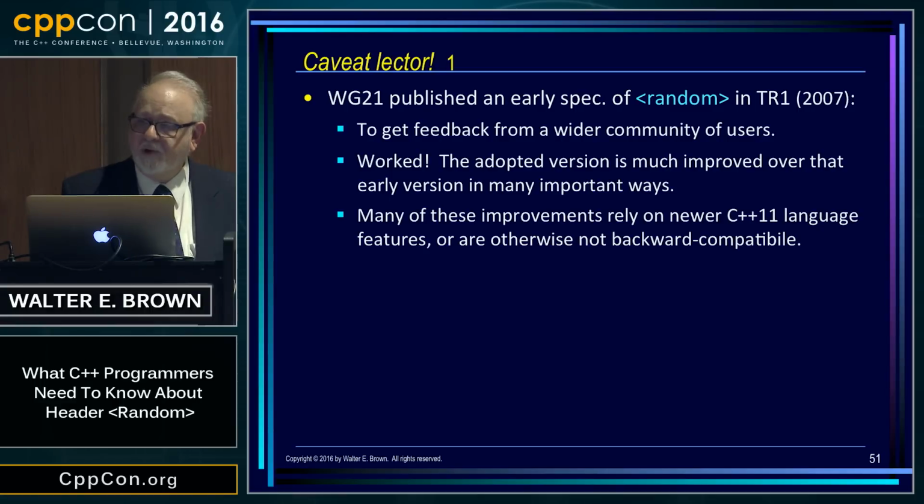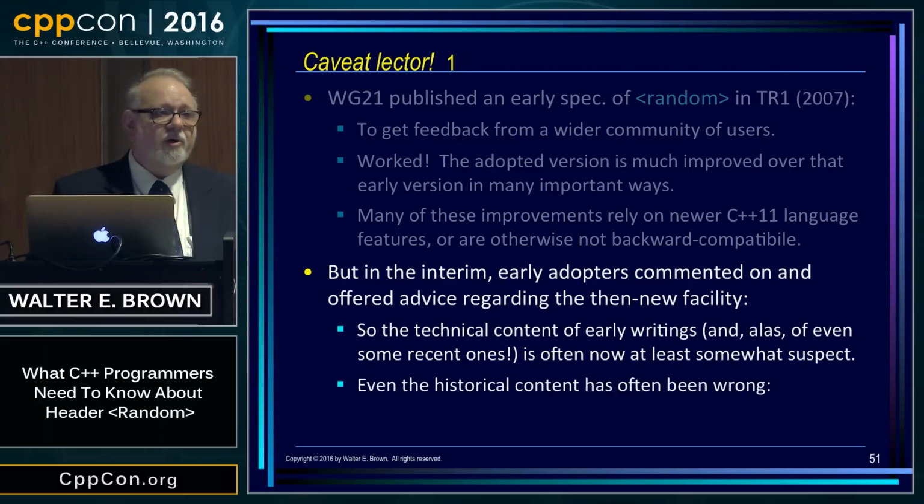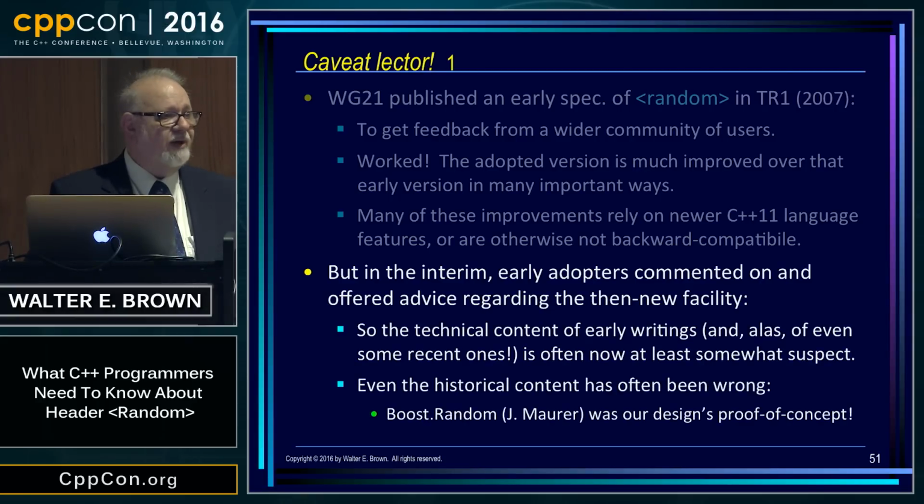And what we ended up with in C++11 is much improved over the original, sometimes in subtle ways. A couple of things just vanished outright, and a couple of new things appeared. So forget about the original interface. Don't even go there. The problem is the early adopters started offering advice. So before you rely on it, please check the source.